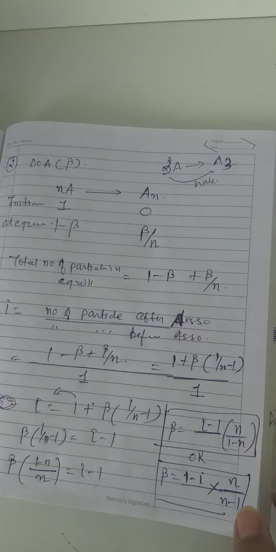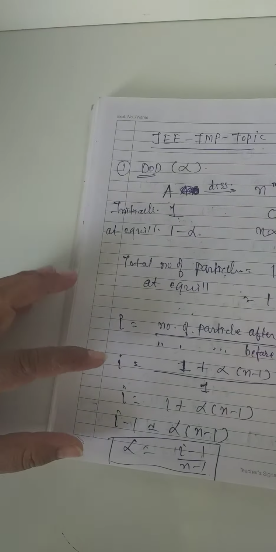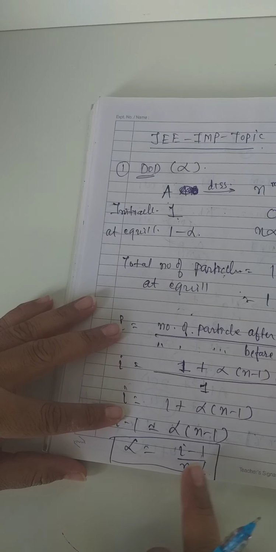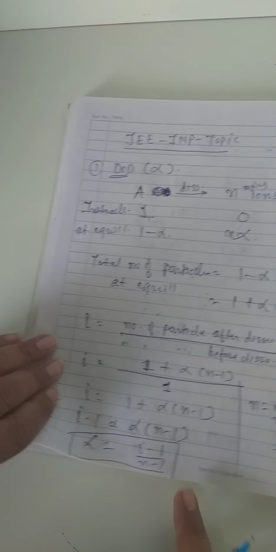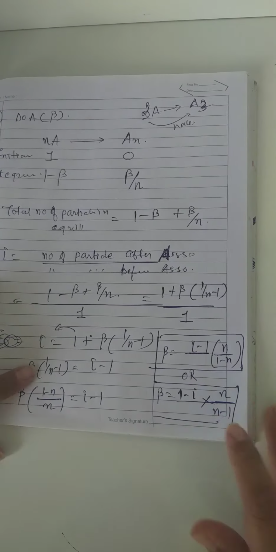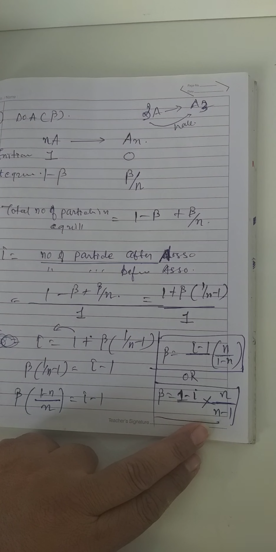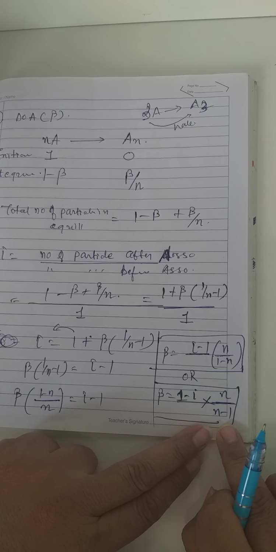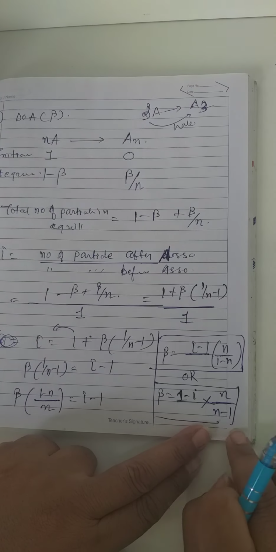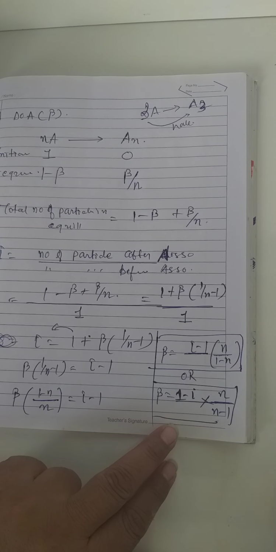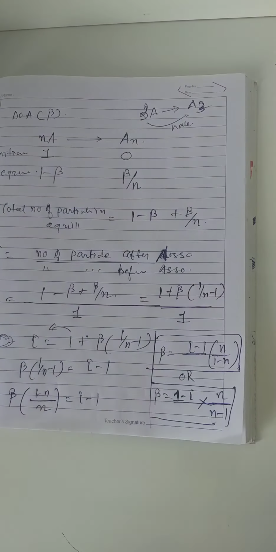It becomes easier if you remember only one format: alpha is equal to i minus 1 upon n minus 1, and beta is equal to 1 minus i into n upon n minus 1. Mathematically it is easier to remember. These are the most important topics for JEE.